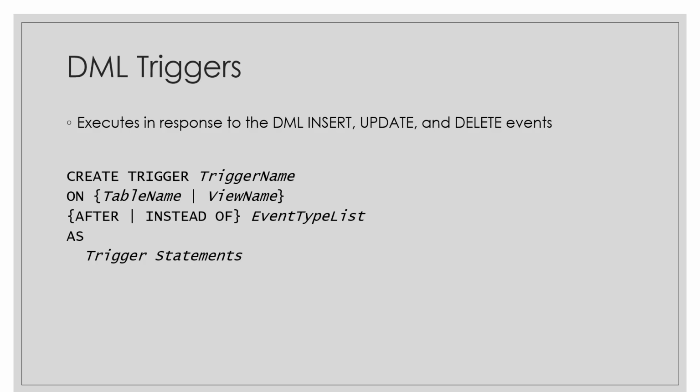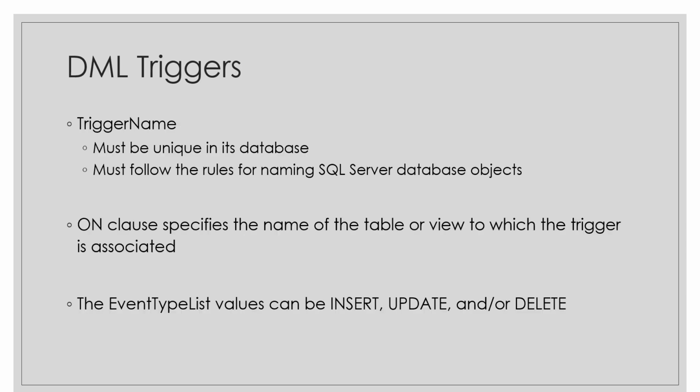So the instead of trigger would let me insert directly into a view combining multiple tables as long as I do it in the kind of way you did with that transaction earlier. Maybe make the new department, find out what the ID is, insert the employee, and that could all be done instead of trying to insert directly into a view which wouldn't allow it, right? So that's an example of an instead of trigger.